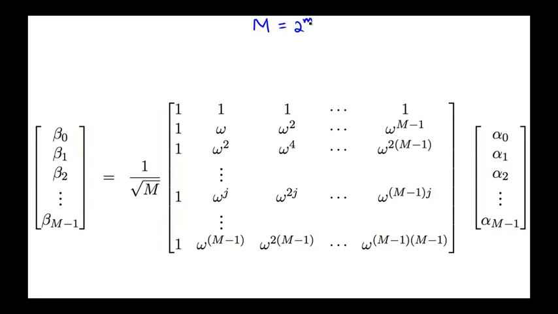The reason we do that is because our inputs are the amplitudes for little m qubits, and so their quantum state is described by a 2 to the little m dimensional complex vector. That's a capital M dimensional complex vector. Those amplitudes are alpha naught through alpha capital M minus 1.